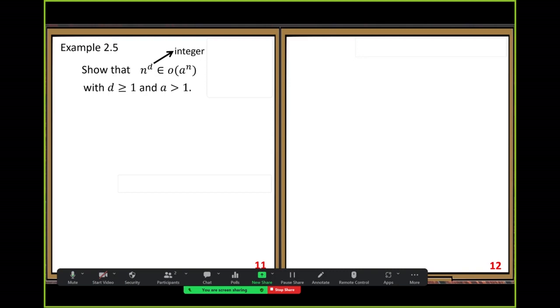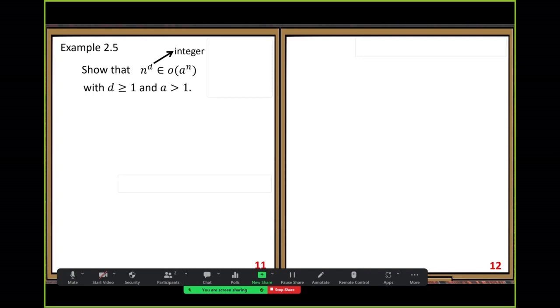For non-integer, we just need one more step. I will show you after we finish this integer version, then we just add one more step, and we can get the non-integer version. So don't worry. Let's do the integer version first.